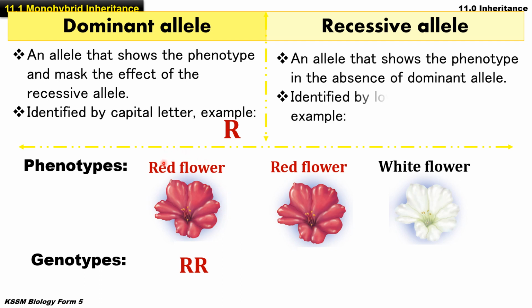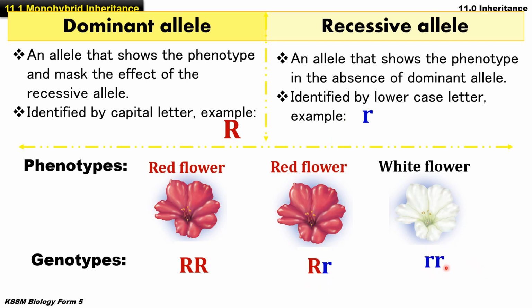Okay, next. Recessive allele, dia hanya akan show dia punya phenotype when there is the absence of dominant allele. And selalunya kita akan tulis dalam lower case letter which is R kecil. Okay, tengok sini.